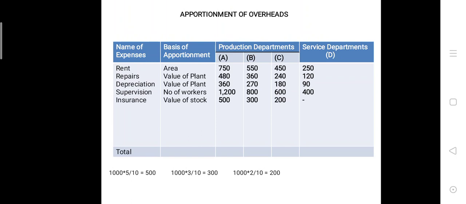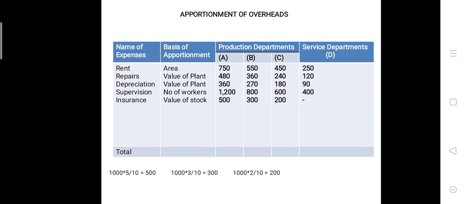Next, the overhead expense we are taking here is insurance, and the basis of apportionment is value of stock. Value of stock is 15,000, 9,000 and 6,000. Here we'll remove all the three zeros and that will come to 15 is to 9 is to 6.